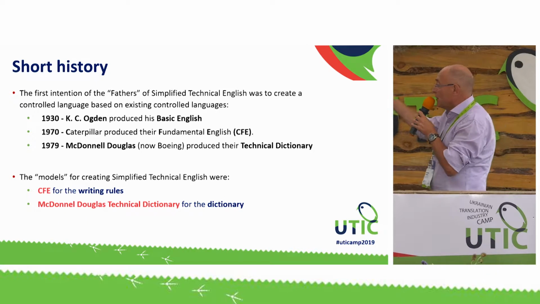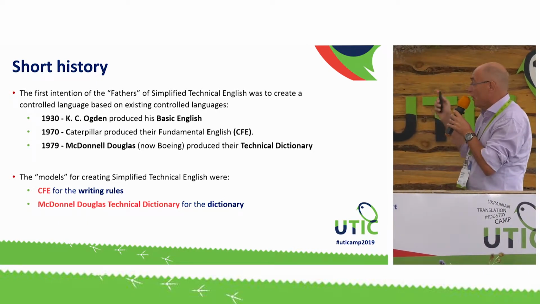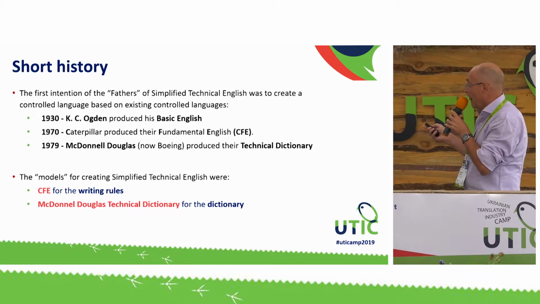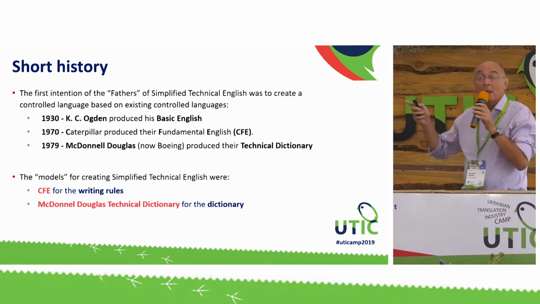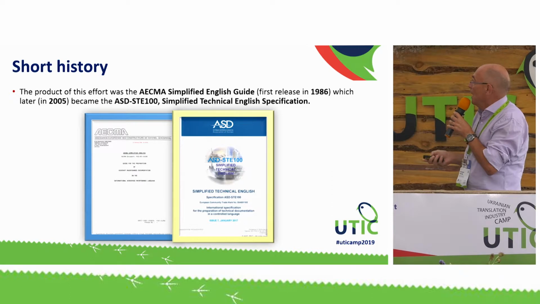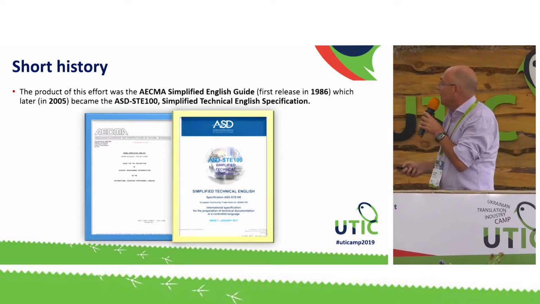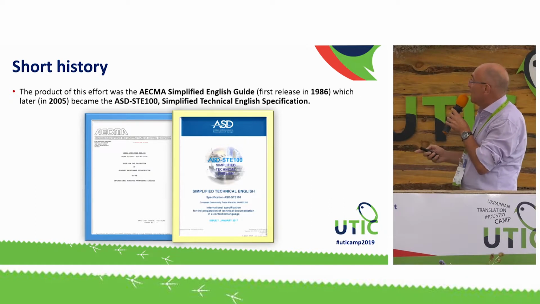So the models for creating Simplified Technical English were CFE for the writing rules and the McDonnell Douglas Technical Dictionary for the dictionary. That was the starting point. The product of this effort was the AECMA Simplified English Guide.